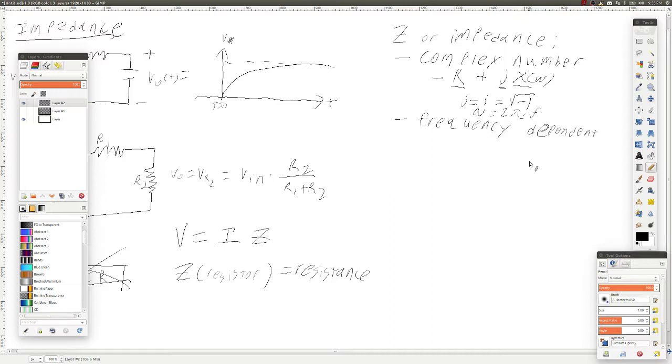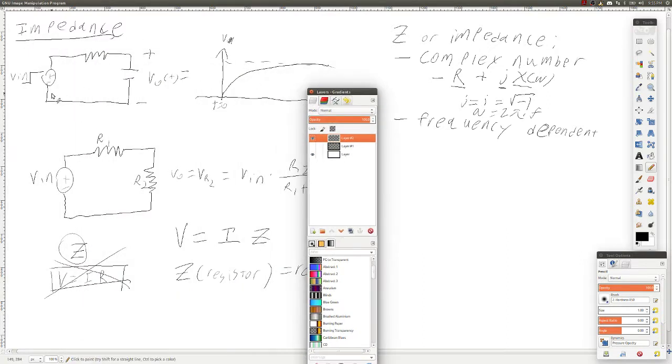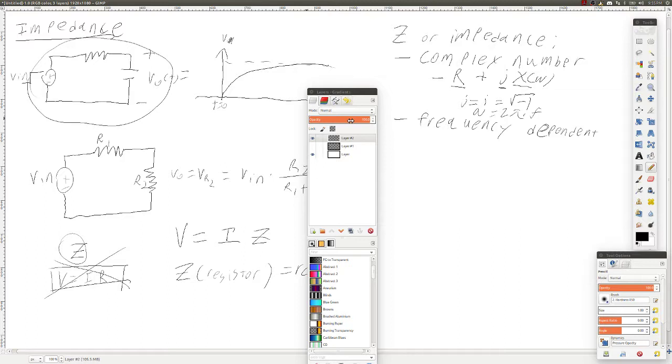But knowing that V is equal to IZ, the good news is a capacitor and an inductor also have an impedance, meaning that we can actually use the derivation that we applied to get our voltage divider for our RC circuit here. Let me go ahead and get rid of that because I'm going to want to upload these as notes.